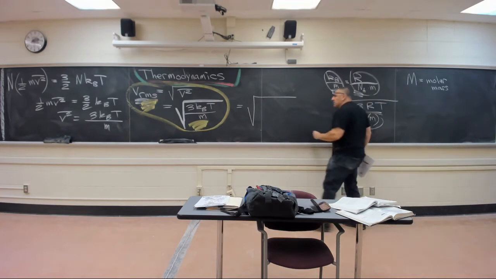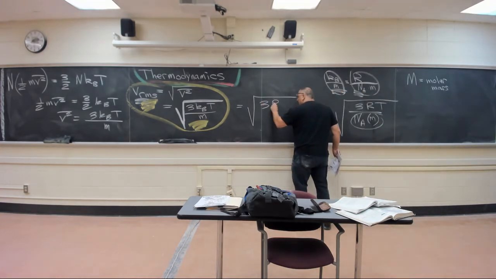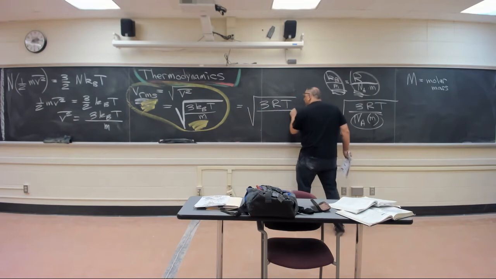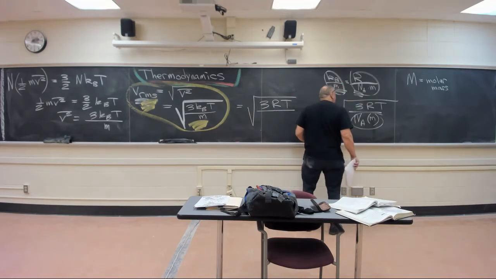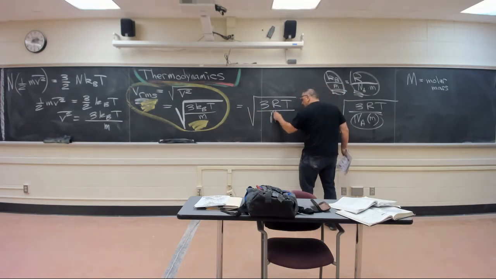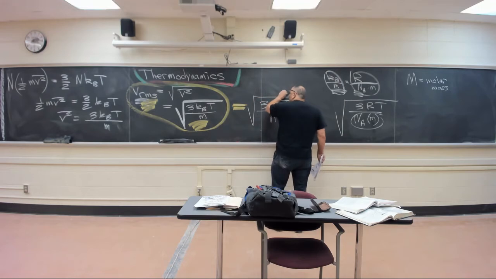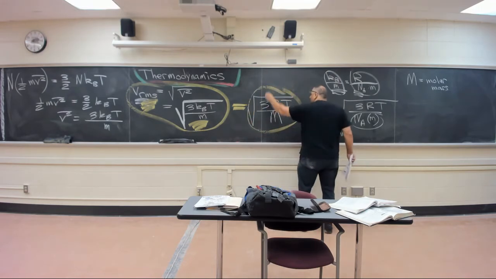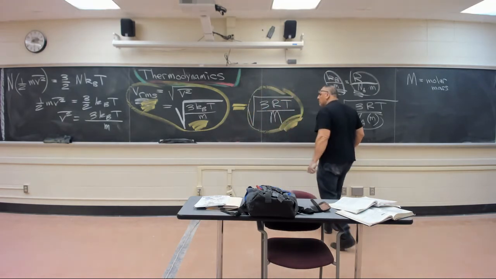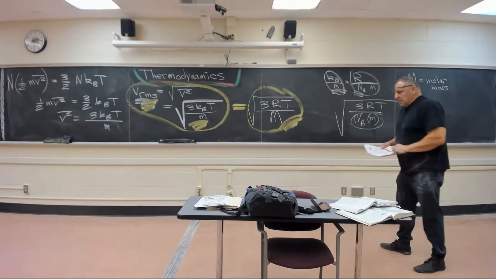So that becomes just another way to write it. They like to write things in a number of ways if they draw a blank. That's the molar mass. And that's this guy too. It's a lot there, guys.